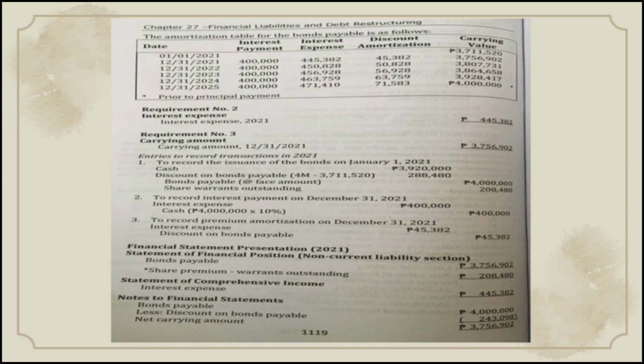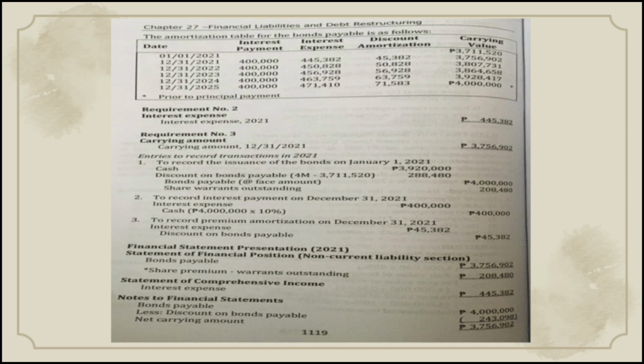So, we have 445,382. So para makuha ang discount amortization, ang interest payment is atong i-minus sa interest expense. So 400,000 minus 445,382 is equal to 45,382. So mao na siya ang atong discount amortization sa December 31, 2021.